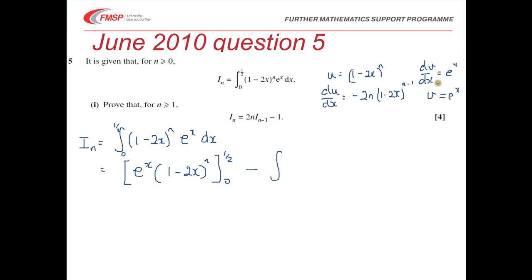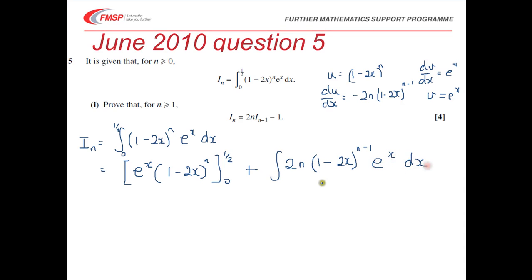So v du by dx, so there's a minus sign there, which if I combine it with that minus sign will give us a plus. So we'll have 2n times (1 minus 2x) to the power of n minus 1 times v, which is e to the x.